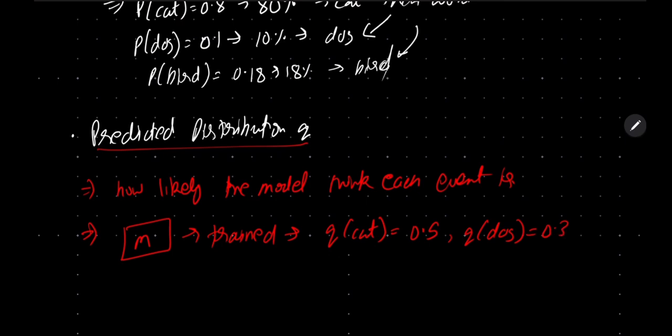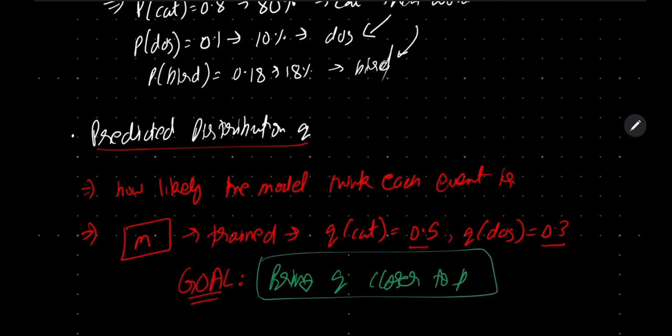The model is predicting that there's a 50% chance the next word is going to be cat, and dog is going to be 30%. So what is our goal in this? Our goal is simple: we need to bring Q closer to P.